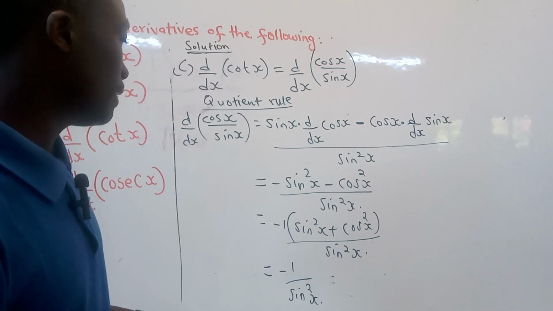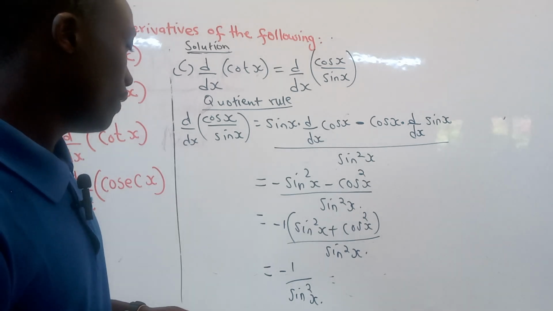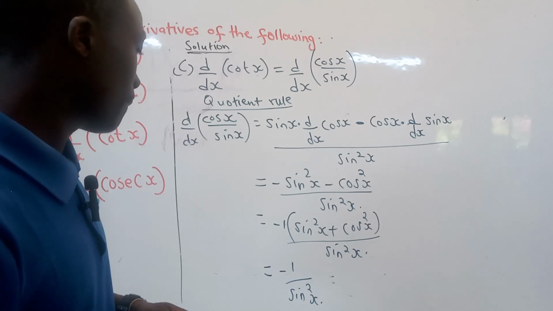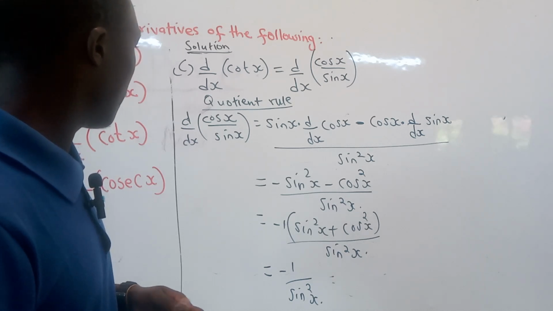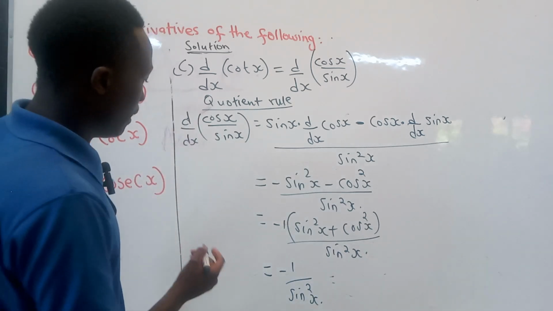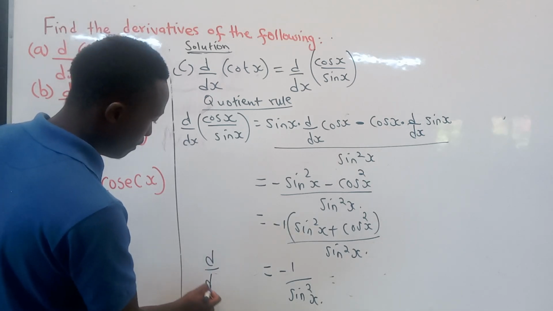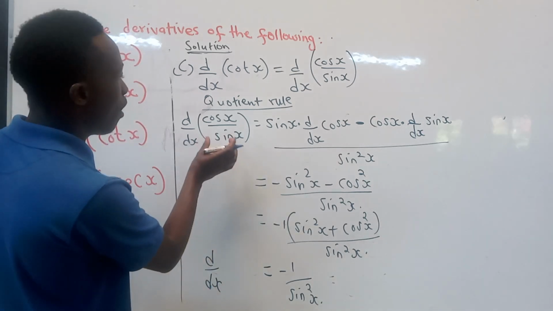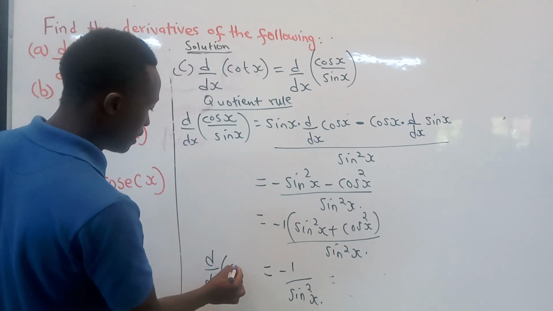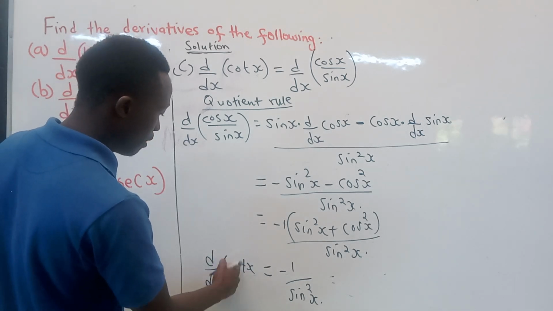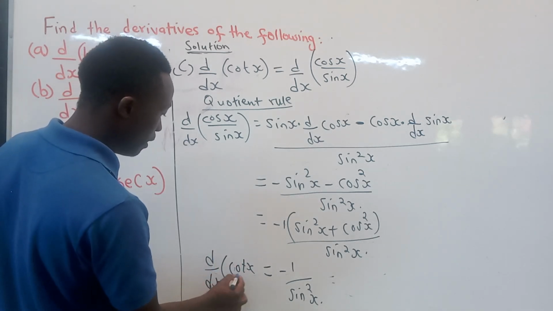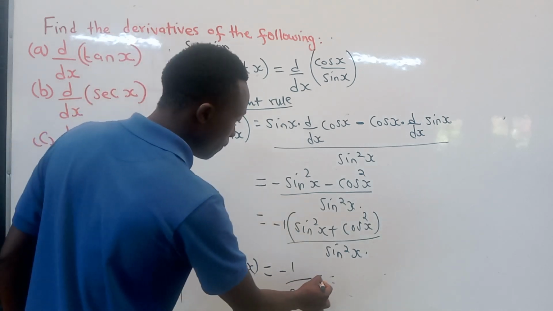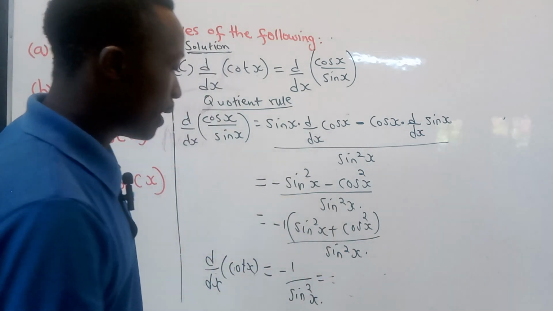And by having that, we can therefore say that the derivative d over dx of cot x is equal to negative 1 over sine squared x.